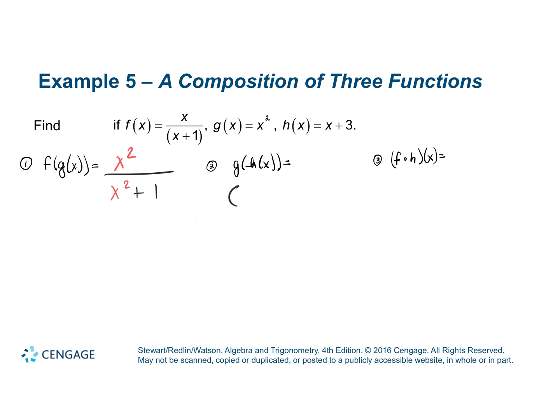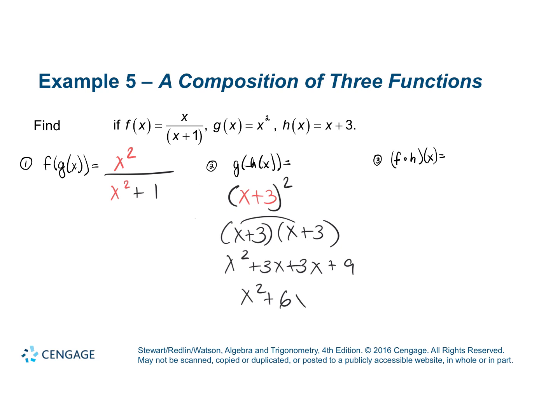So it's going to be x plus 3 squared. Now we actually have to expand it in order to simplify it as much as we can. So we're going to do x squared plus 3x plus 3x plus 9. So we get x squared plus 6x plus 9. So our g composed of h of x is going to equal x squared plus 6x plus 9.